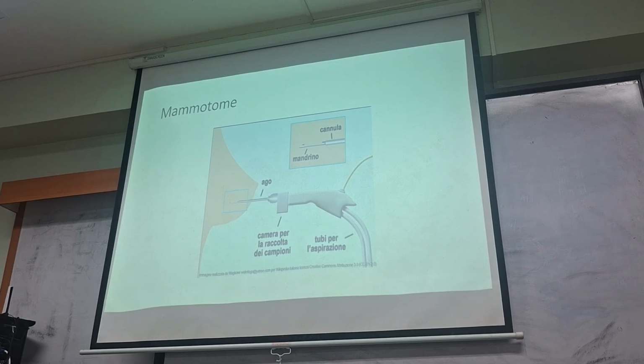So, one common image-guided technique is needle localization, which is done under ultrasound or mammogram guidance. A fine needle wire is skewered through the tumor. So then that is where the surgeon is going to cut and then remove that area.